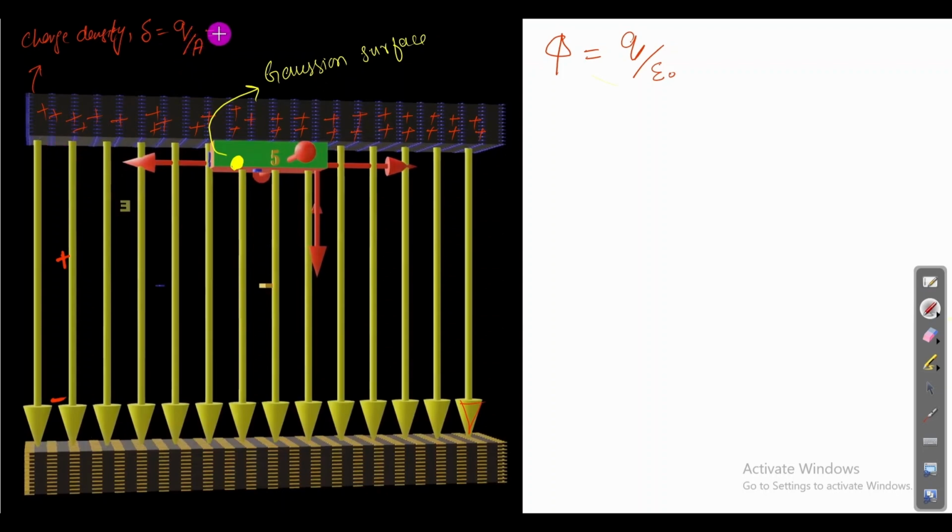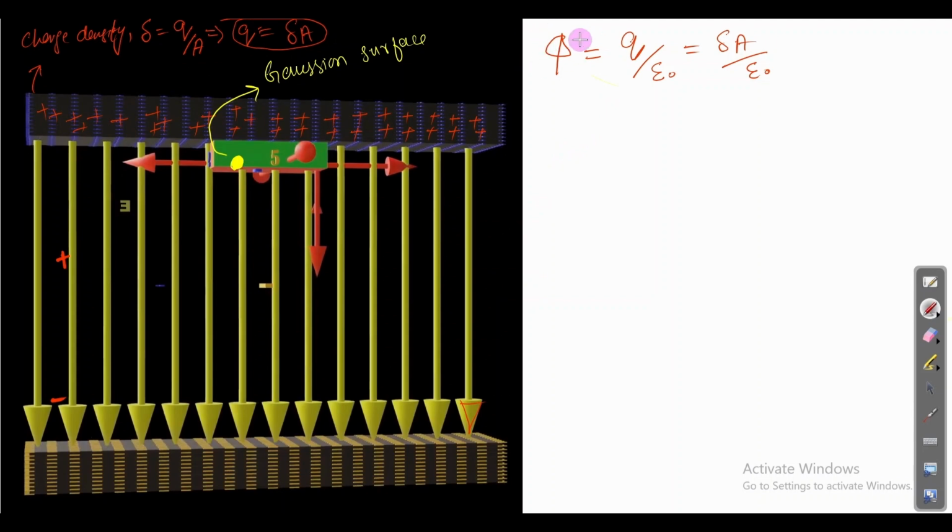From this we can determine Q is equal to sigma into A. So let's put the value of this Q here. So this flux becomes sigma into A divided by epsilon naught.